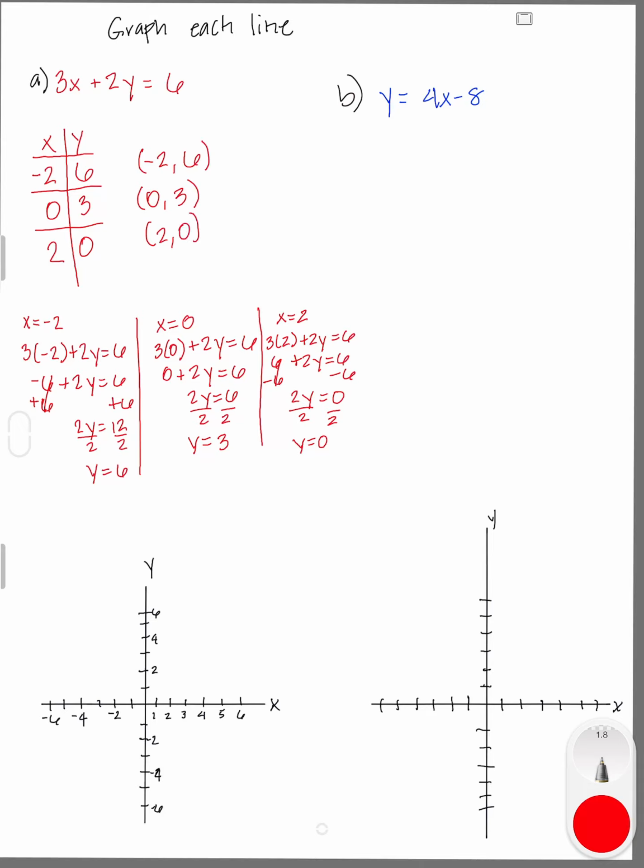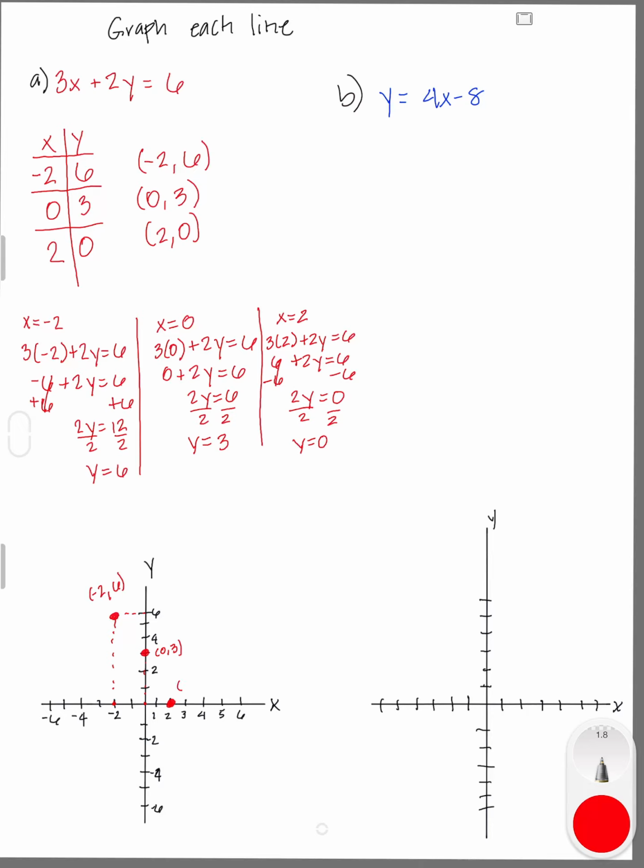When we plot them on the graph, we get -2 for x and then up to 6. So this is -2 and 6. And then we have 0 and then up to 3. So this is 0, 3. And then we go to 2, and we don't go up or down because it's 2, 0.